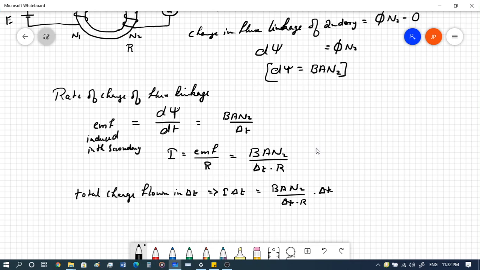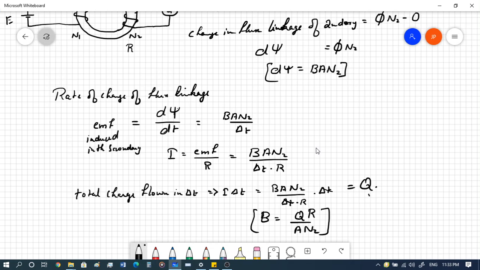Now I into delta T can be written as Q, right? So from here we can write what is B. B is Q into R divided by A N2. So this is the final expression for finding the magnetic flux density using a ballistic galvanometer.